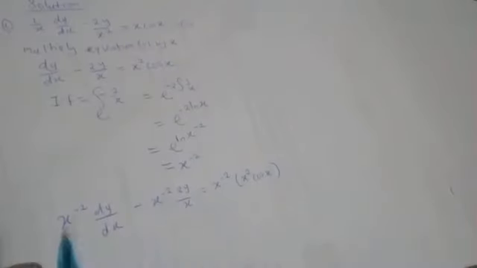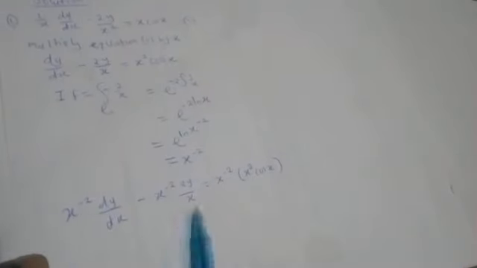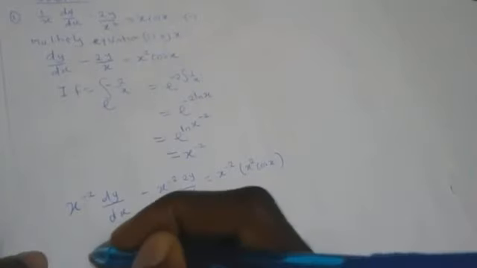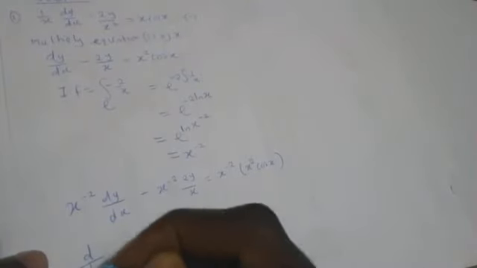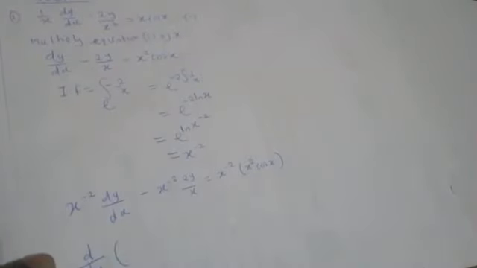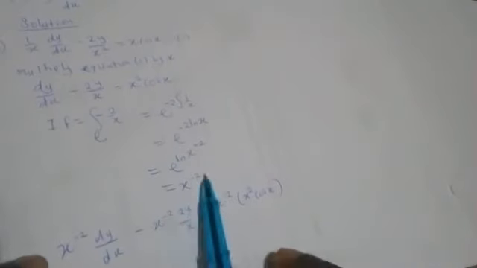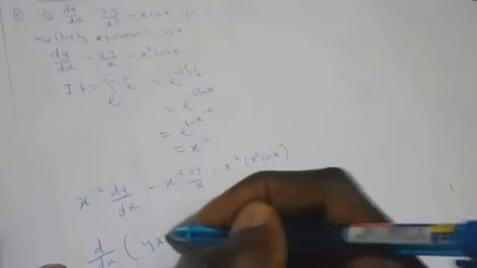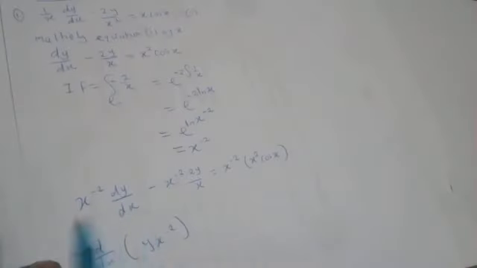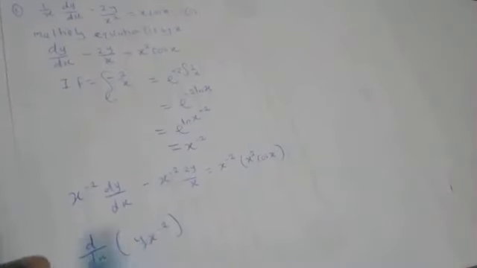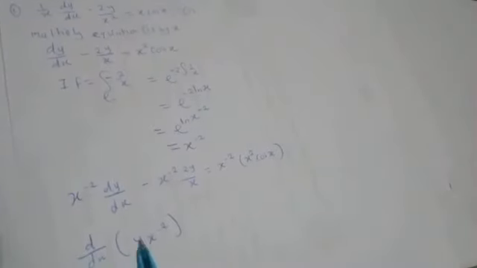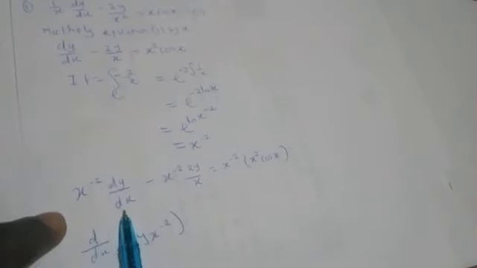Now, the left-hand side is similar to the derivative d/dx of the integrating factor x raised to the power minus 2 multiplied by y, that is y x to the power minus 2. If I differentiate with respect to y, I have x to the minus 2 dy/dx.